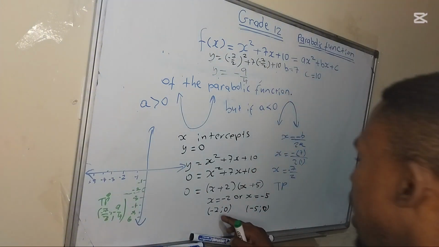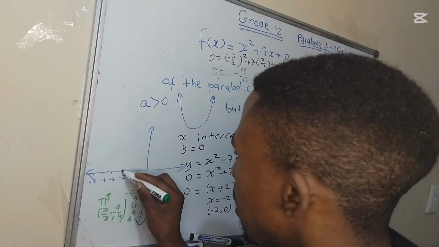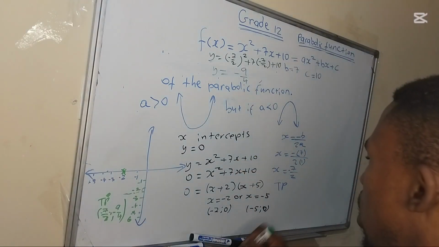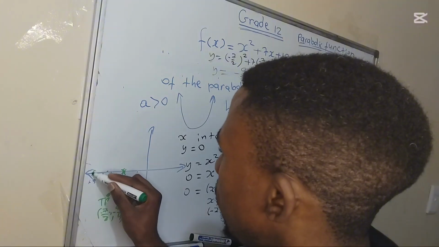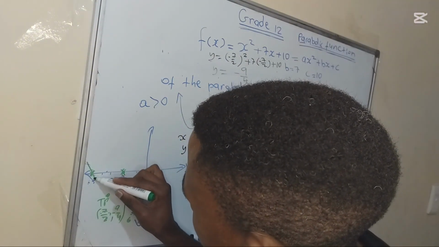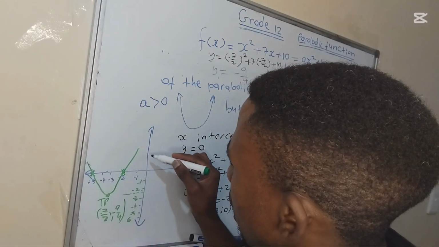Then our x-intercepts are negative 2 and also negative 5. So this will be the shape of our graph.